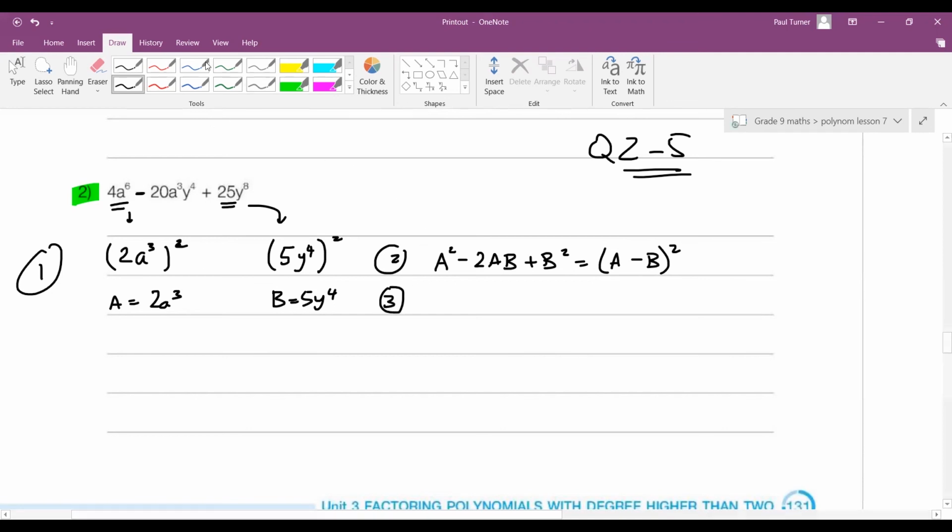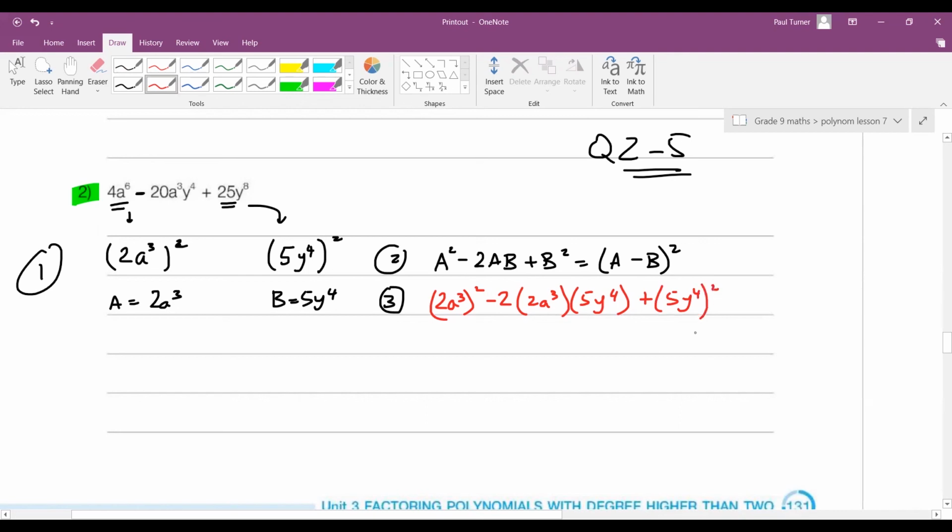So put your A and B into the formula. So A is 2a^3, but then we square that, minus 2 from the formula, 2a^3 times B, which is 5y^4, plus B squared, which is (5y^4) squared, all squared.